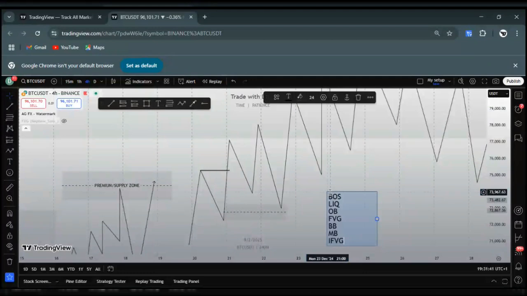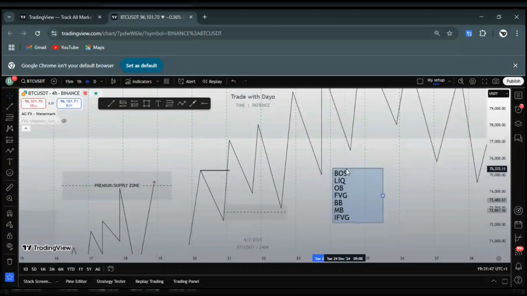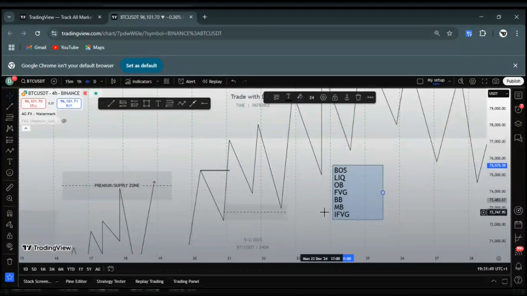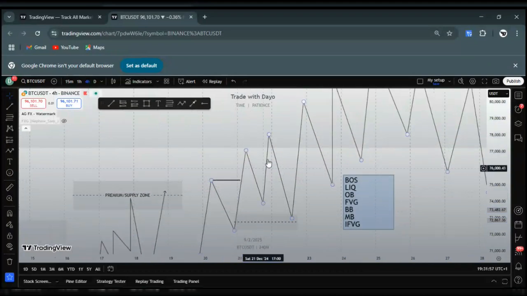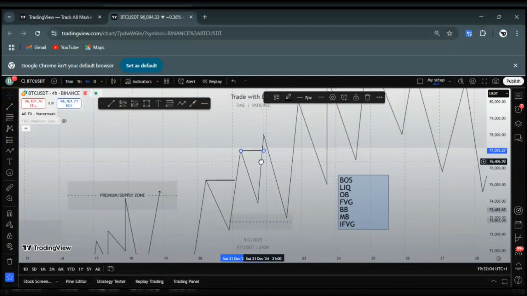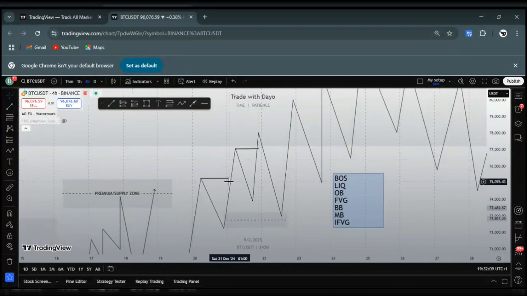So for instance, now let's go back to our chart. As the market goes up and breaks structure, and still goes up, it breaks the first structure and breaks the second structure.